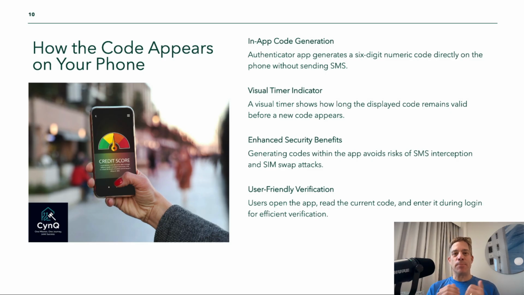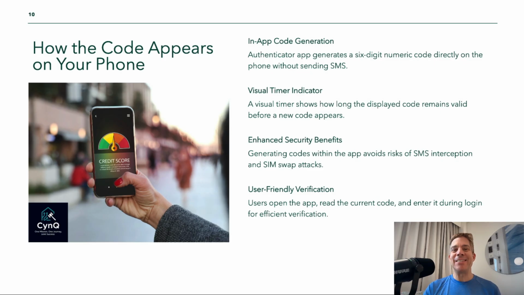Now, from a sync perspective, this is a key part of how we deliver secure, reliable authentication. The code is locally generated, not transmitted. It never travels across networks, reducing exposure to attacks, and it ensures the user always has access even without signal or internet.